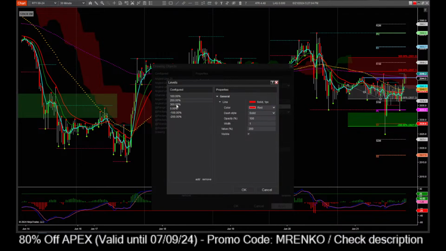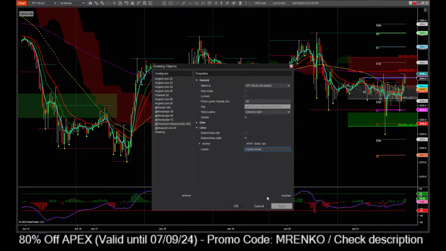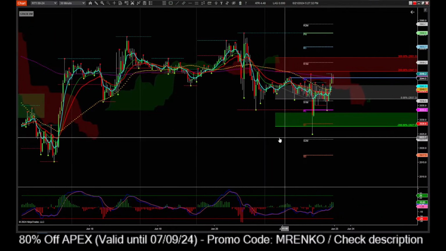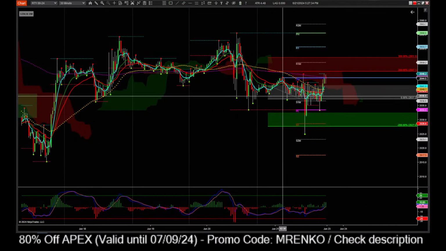Then you have the red, then you have another red, then you have gray, which determines that area there. And here you do have the transparent as well for minus 200 and 200 in green. And with that, you are able to do this drawing that I have as a tool to identify levels, basically.